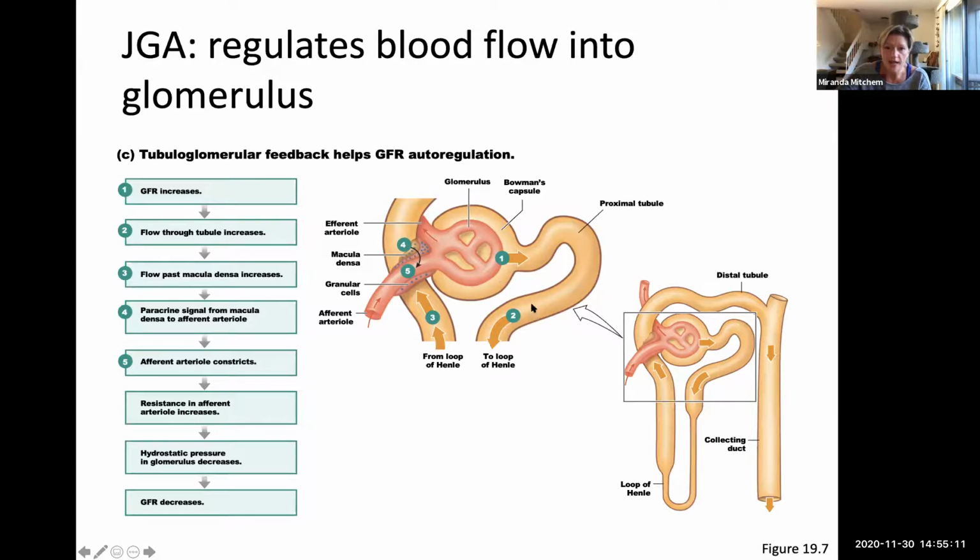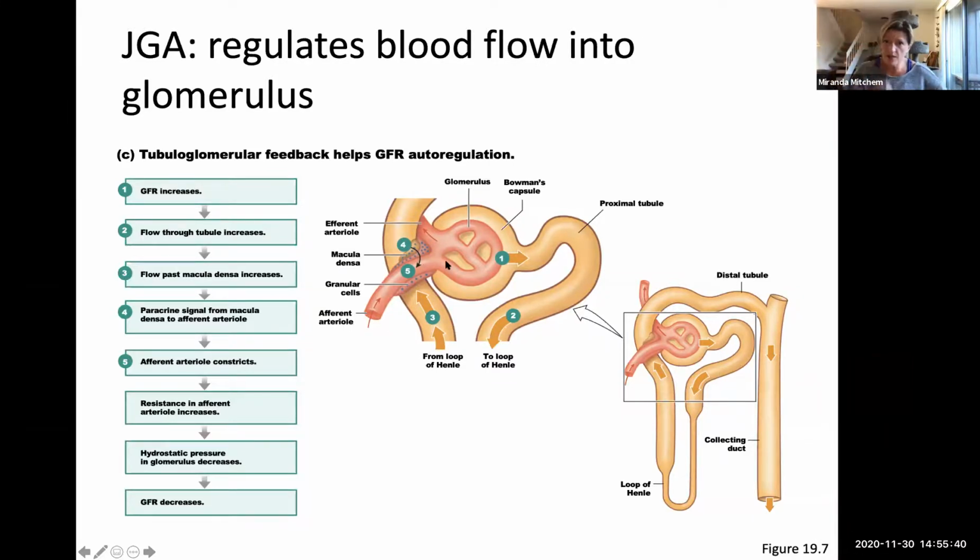So what that does is it drives more blood past this macula densa, and the macula densa is able to sense the flow. What happens then is a paracrine signal is released from the macula densa that acts upon the afferent arteriole going into the glom.